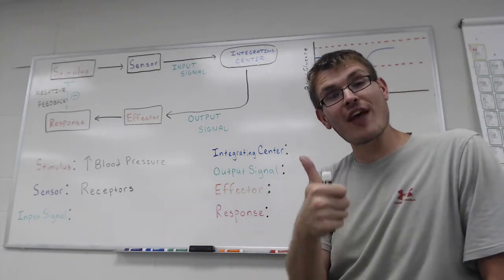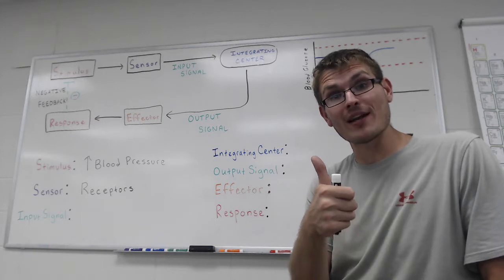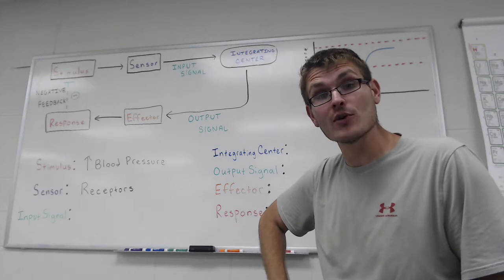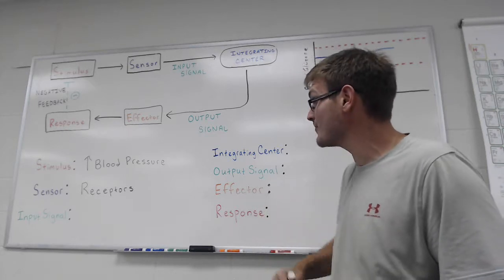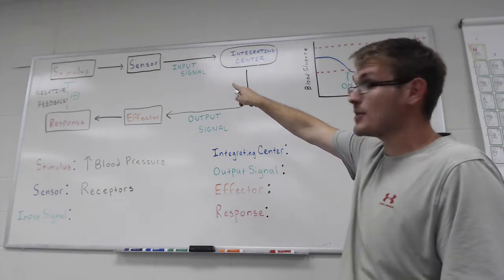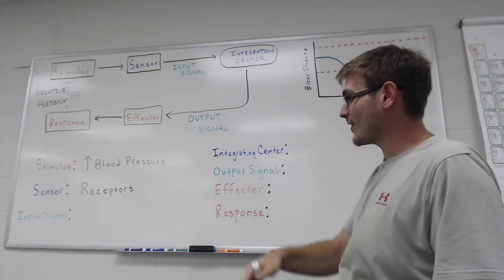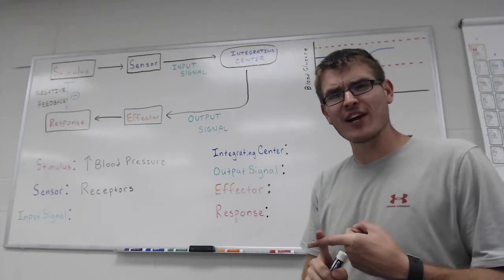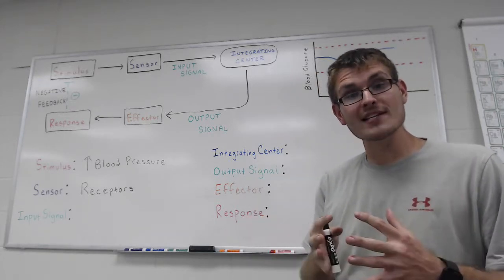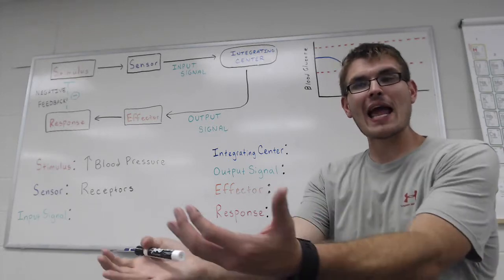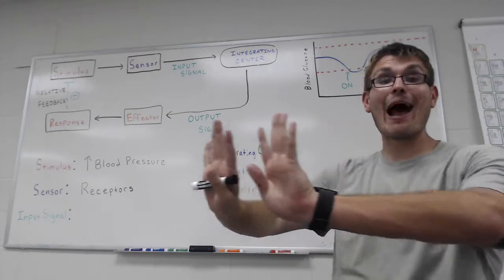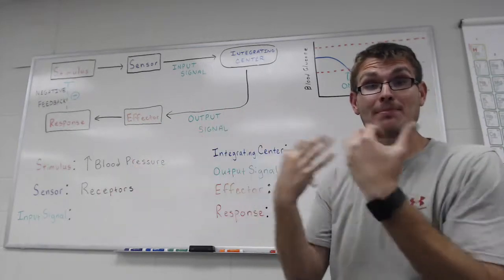So the sensor, thankfully, knows that this is bigger than him or her, so he is going to tell someone who is more capable of doing something about it. If you look up here, the sensor is going to send what is called an input signal to an integrating center. An integrating center is basically a big processing center in your body that is capable of receiving incoming information and then passing outgoing information about the input.